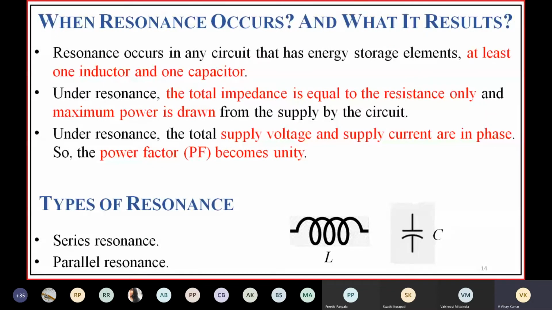In the case of an electrical circuit, how does resonance occur? Resonance occurs in any circuit that has energy storage elements, at least one inductor and one capacitor. Under resonance, the total impedance is equal to the resistance only.